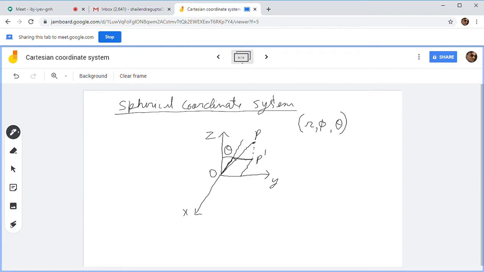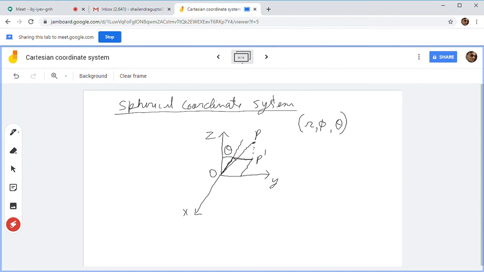So your r is the spherical radius. You must be understanding a sphere and the radius of that sphere. So the radius of that sphere is your first dimension. Then the third dimension is your theta, which is the angle this radius makes with your z axis. And what is phi?